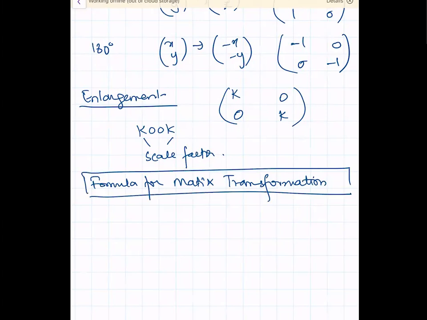So to state the matrix means that for 90-degree clockwise, you should know what the matrix is going to be. Formula for matrix transformation: matrix into object coordinates gives you the image coordinates.